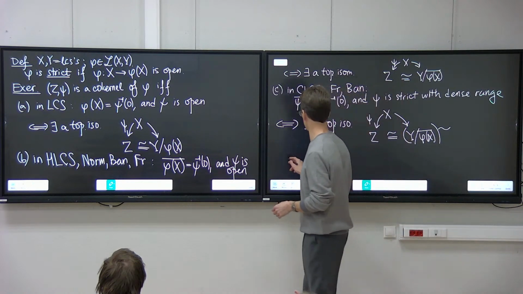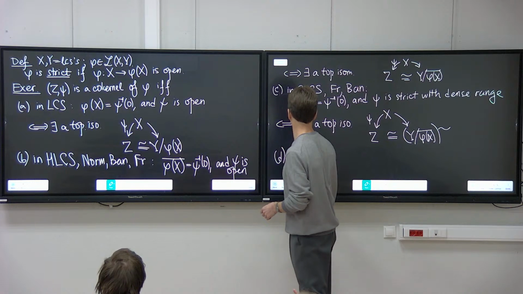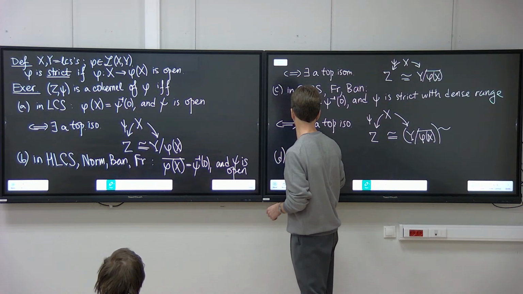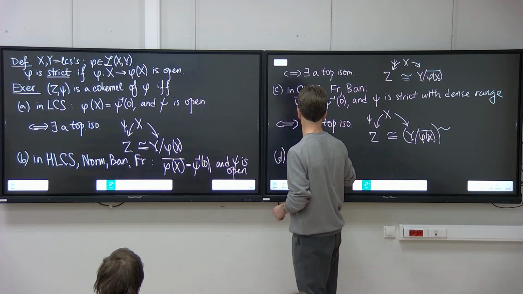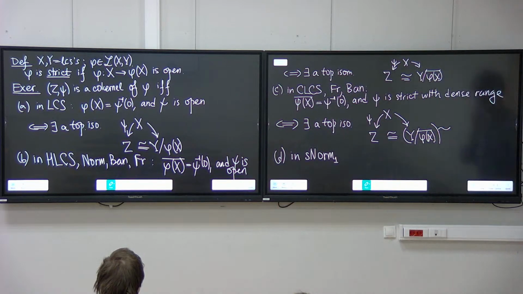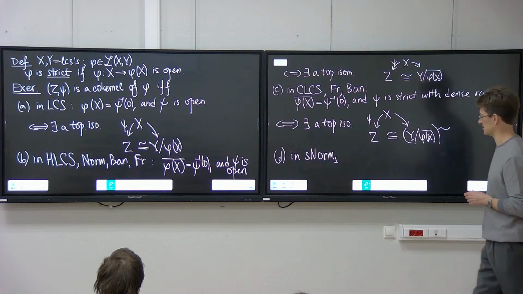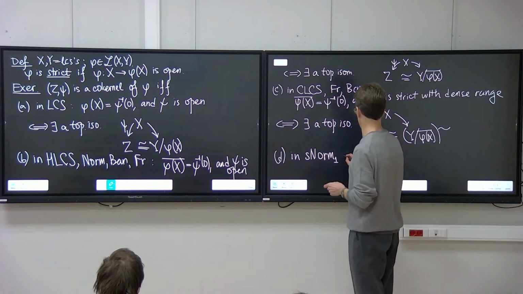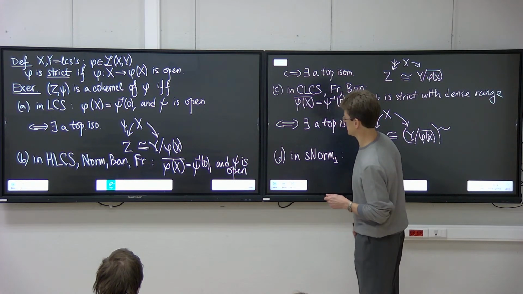Okay, well, let's also look at another category which has a metric flavor, namely the category which was denoted by S norm 1. It consists of semi-normed spaces, and the morphisms are linear contractions. Here we have the following characterization.